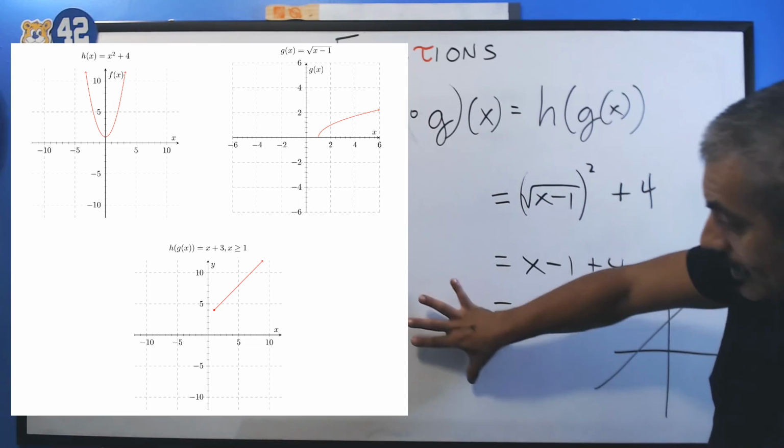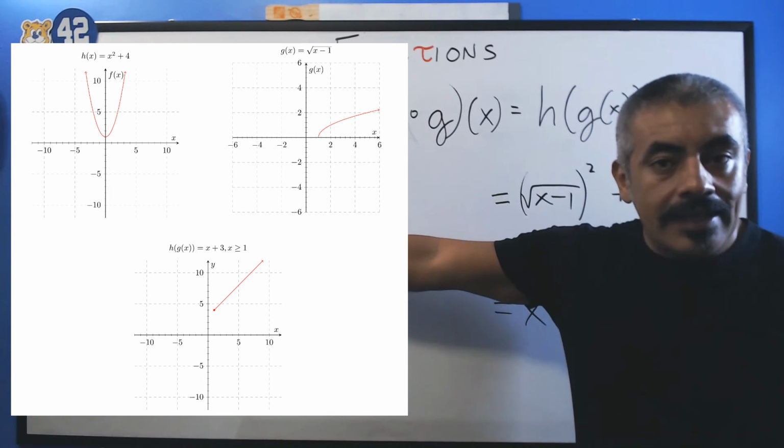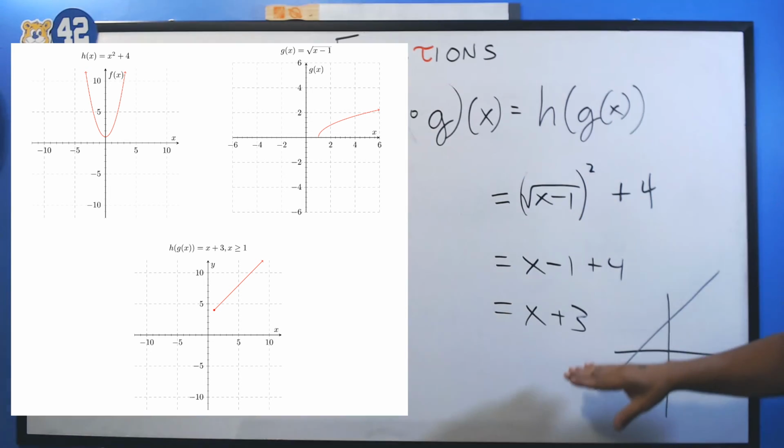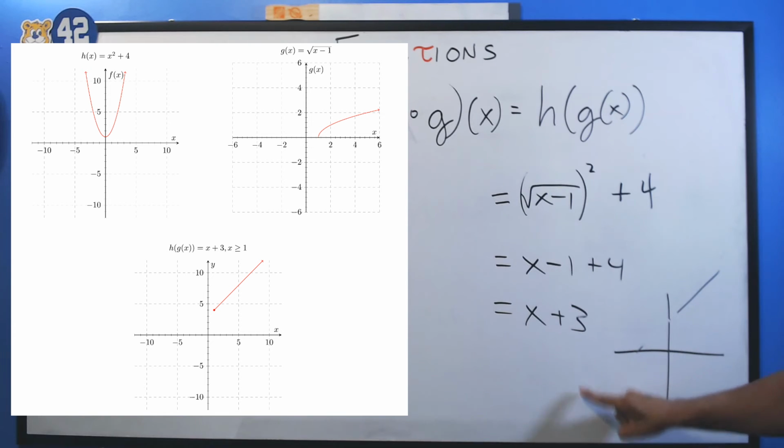Therefore, this new function cannot take any values that are less than 1. And so we have to eliminate everything that's on the left-hand side of 1. And so if we were to graph this, we would graph it like this.